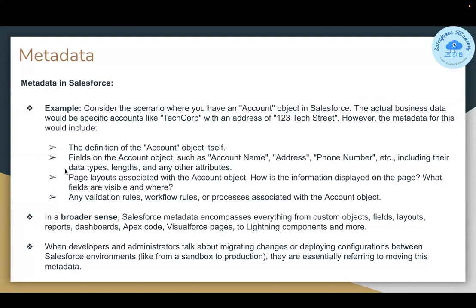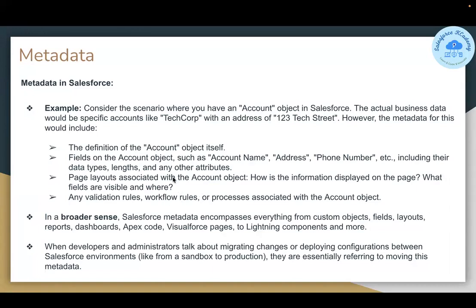Their data type, whether it is a text field, checkbox field or address field, their lengths, 16 letters or 32 letters, or any attributes related to this particular field, whether the field is read only or required. This complete information which tells about that particular field, the data about data that can be stored in that field, all comes under the metadata.